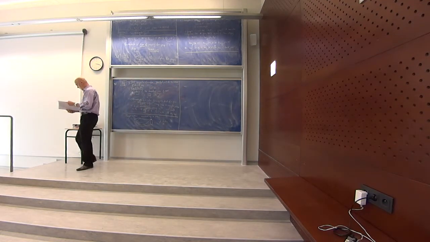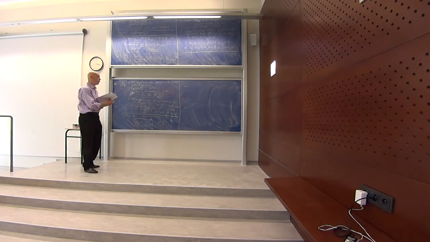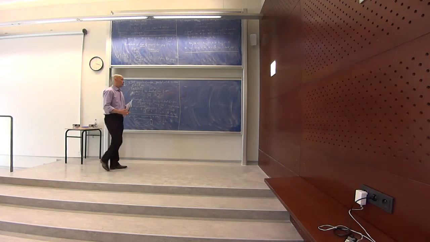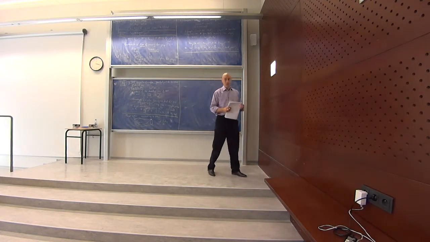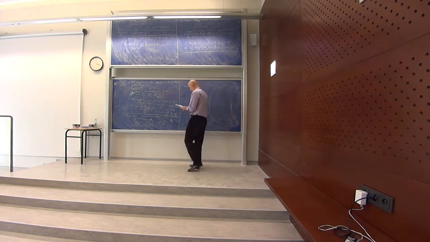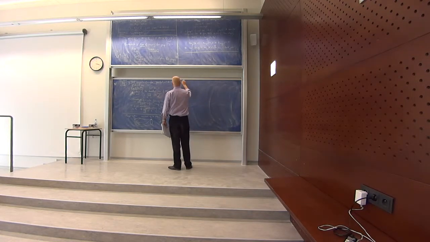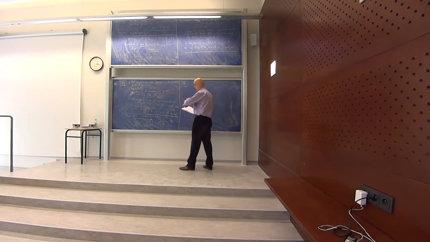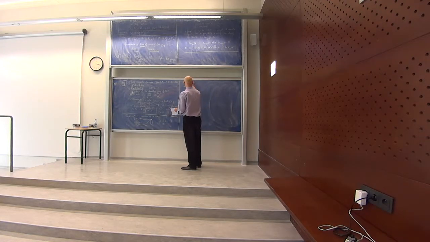So now I can define the duality groupoid, which is just the category you could find if you want to see which are the automorphisms of such objects. Just the automorphisms. So another definition. What are the objects?